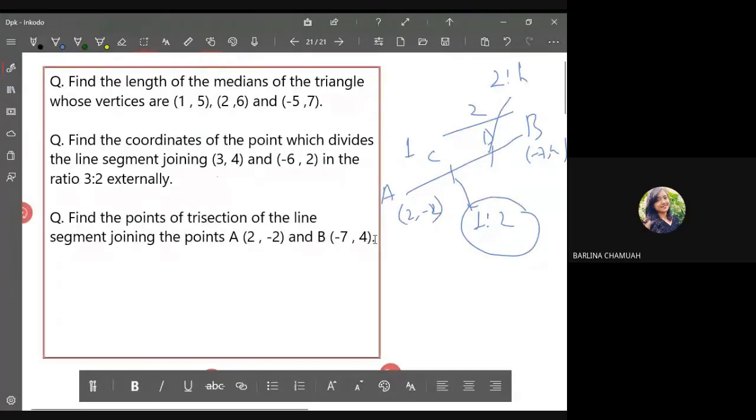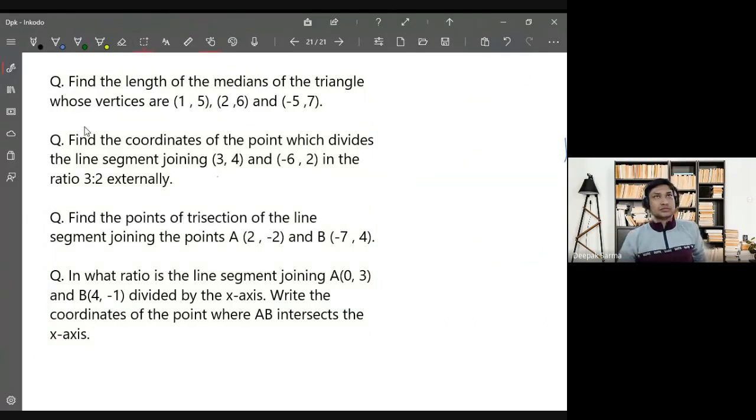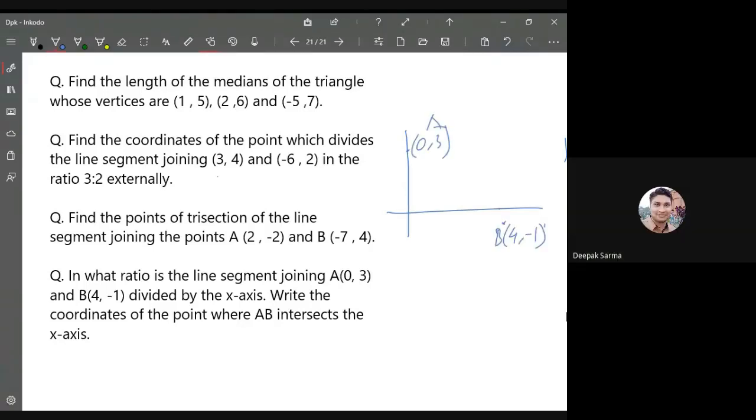Yes, sir. Now, the next question. First, you have to understand the question. 2 points are given. One is (0, 3), may be somewhere here. What is the question?